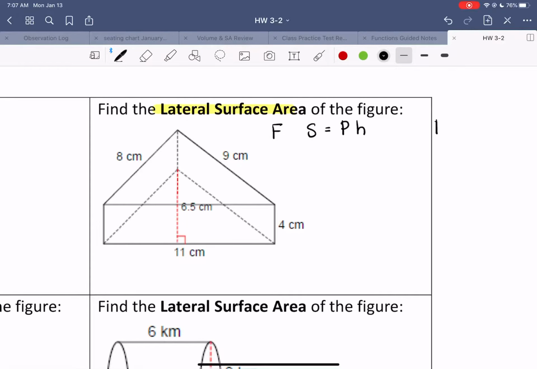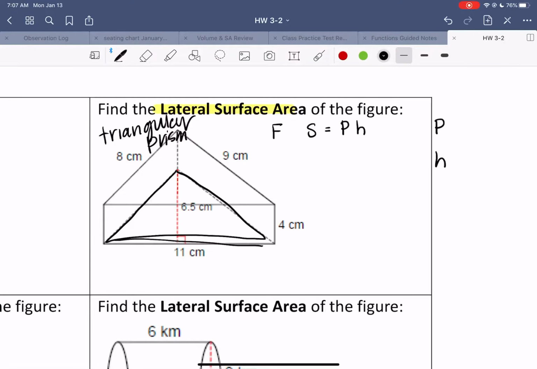So the letters we're going to need are capital P and H. In this case, we have a triangular prism. So that will leave us with a triangle always as our base.